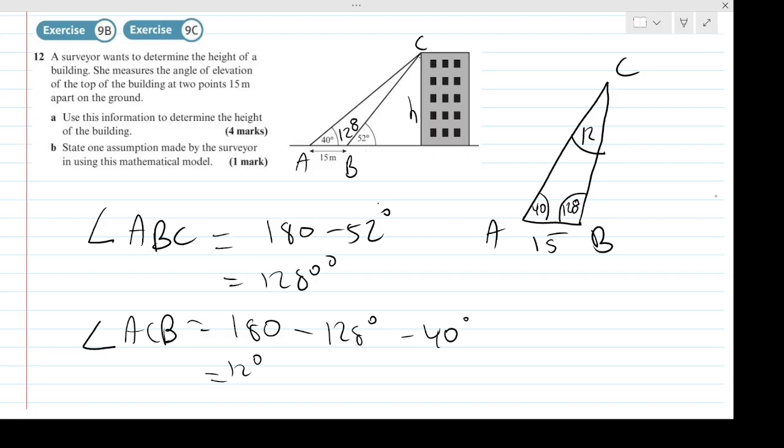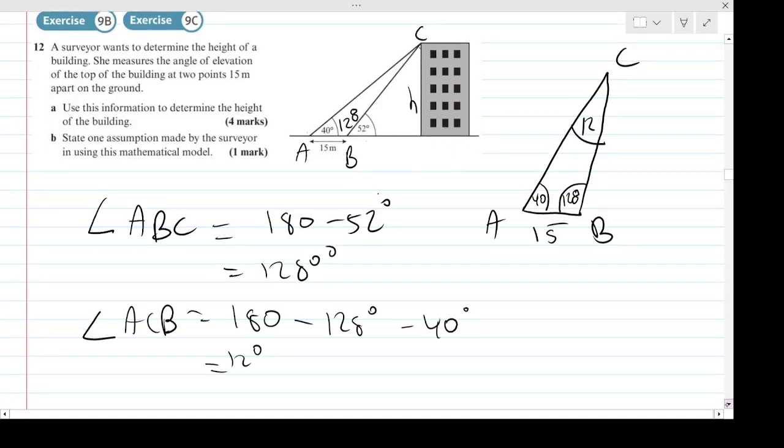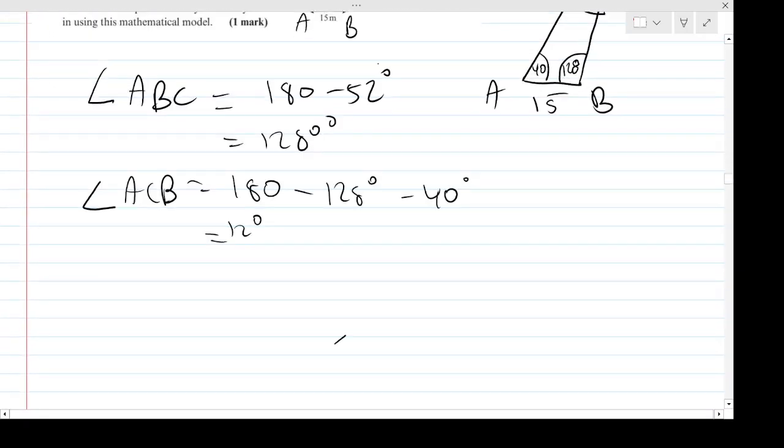Well, actually, I notice I have an overall triangle here, between A and C, the height, and that from the tower to A. So I'll describe that triangle again.